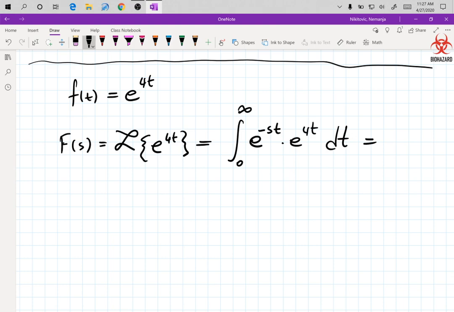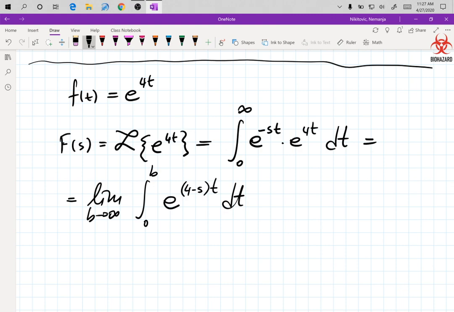All right. Anyway, going back to this simple algebra here, we do our limit. b goes to infinity. We always have to have that. 0 to b. And look what we have. We have e to the (4 minus s) times t dt, because exponents add, and when you factor t, you get minus s plus 4.